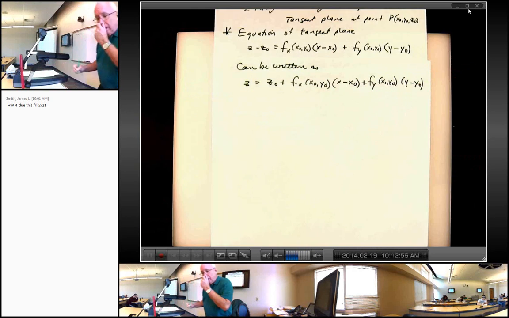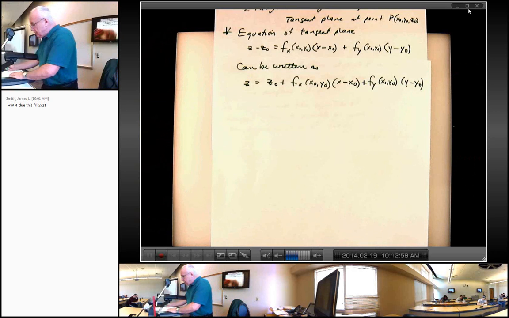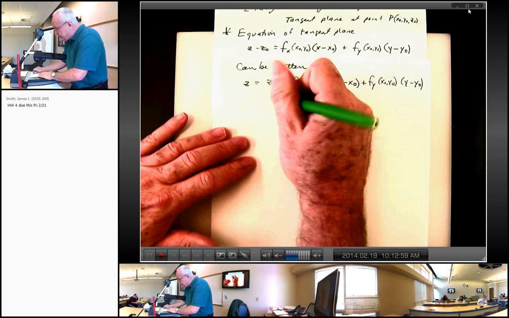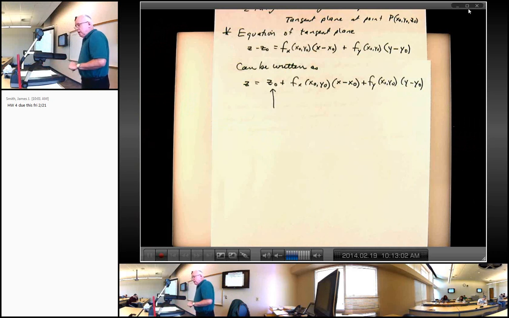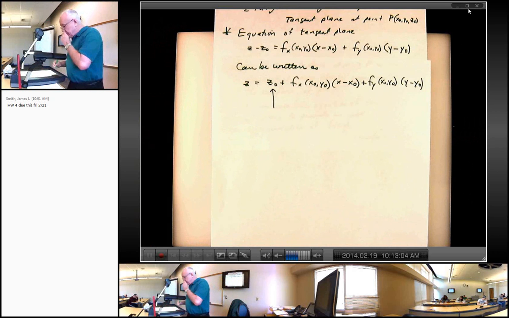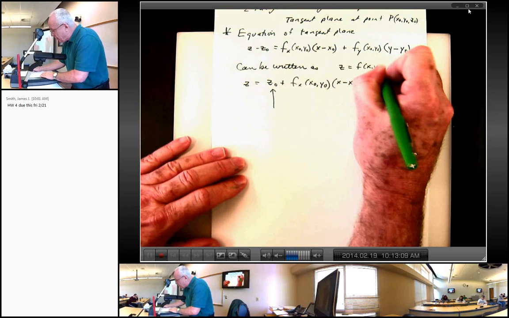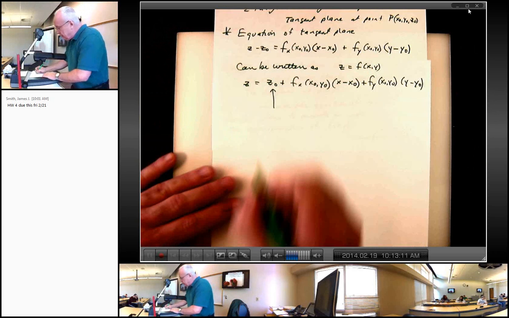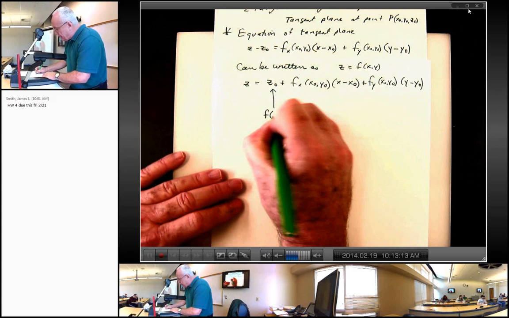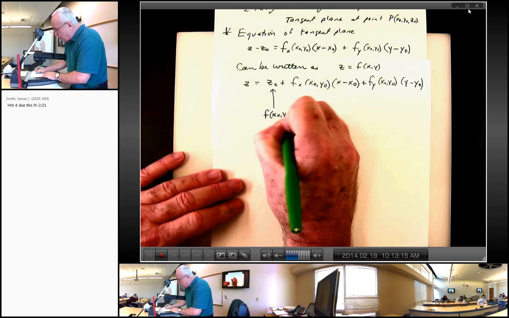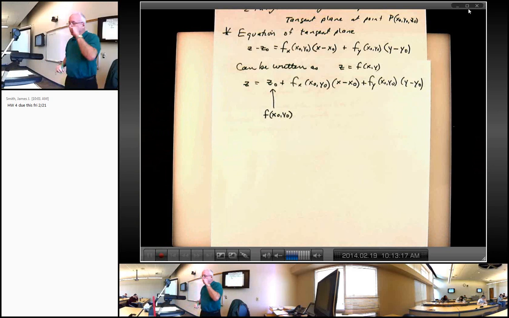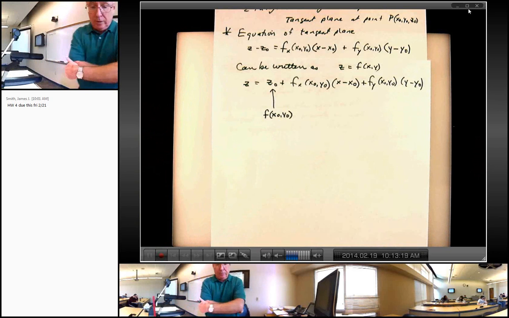Remember that z is equal to f of x, y, so z naught is really the function value at x naught, y naught. So we can replace the z naught with that.